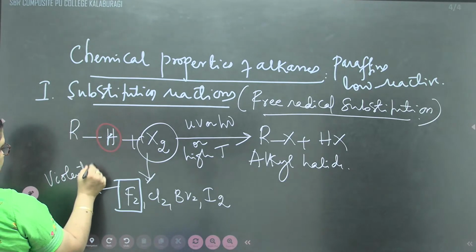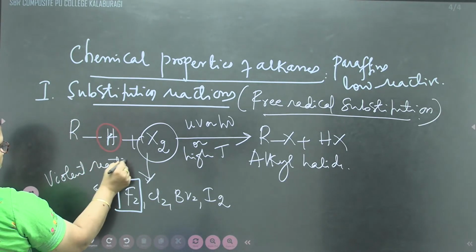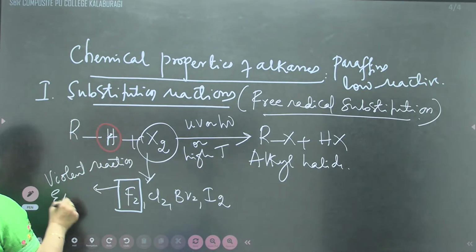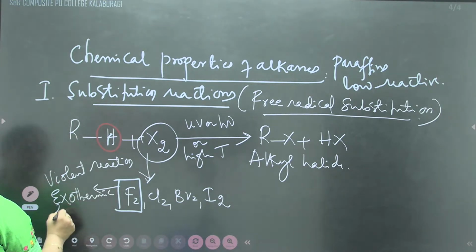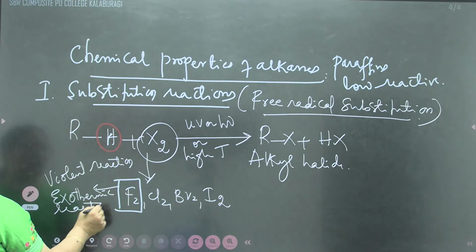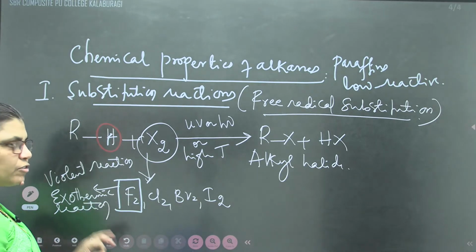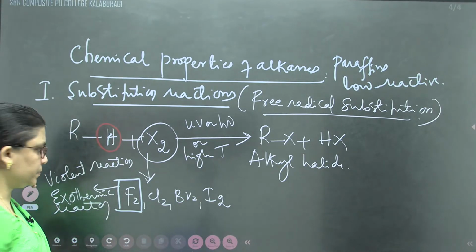Violent reaction means exothermic reaction. It liberates an enormous amount of heat energy. That's why it is not preferred.